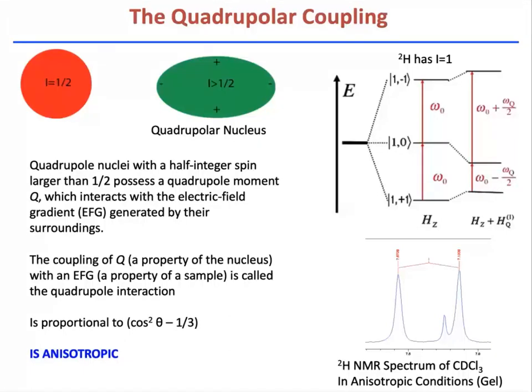When these quadrupolar moments interact with the electric field gradient, which is a tensor in the molecule, the energy levels change, and it's also anisotropic because it depends on the cosine squared of the angle.